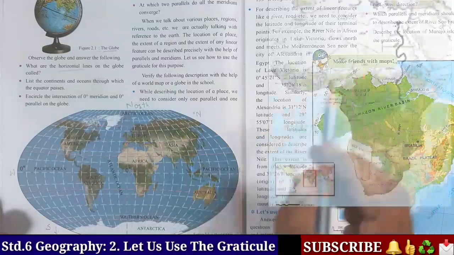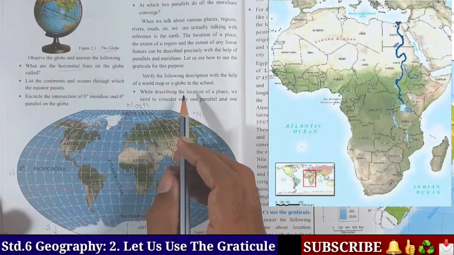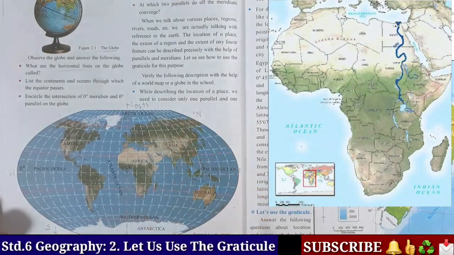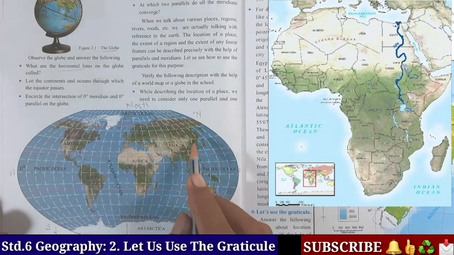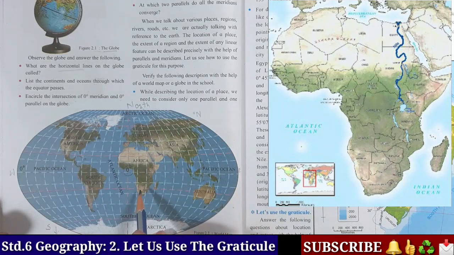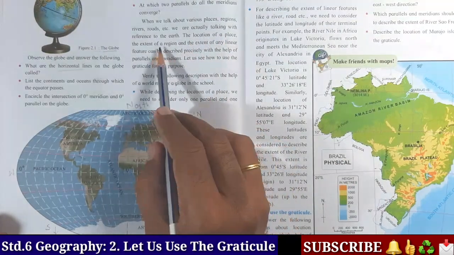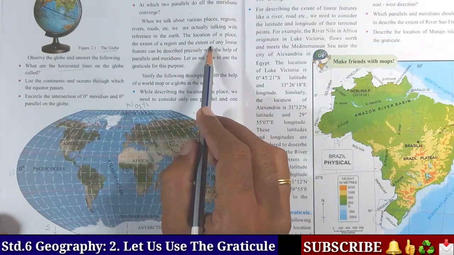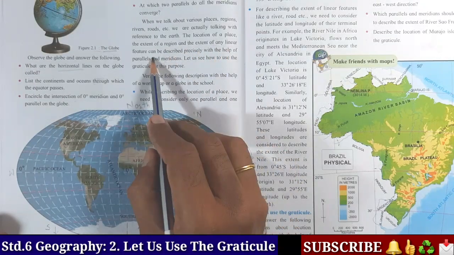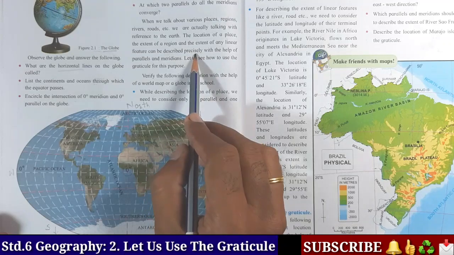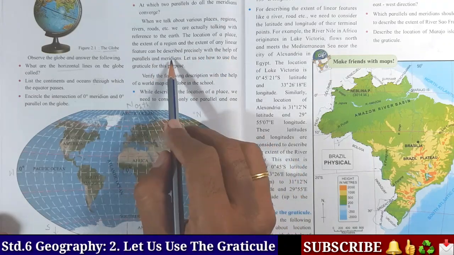Okay, student. When we talk about the Nile river, it means the river is in Africa, and we are talking with reference to the earth only, because Africa is one of the continents of the earth. The location of a place, the extent of a region, and the extent of any linear feature can be described precisely with the help of parallels and meridians.